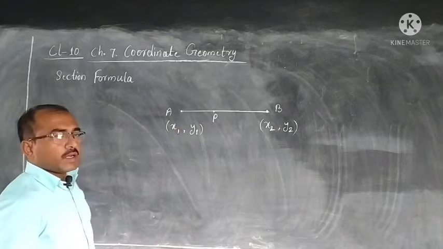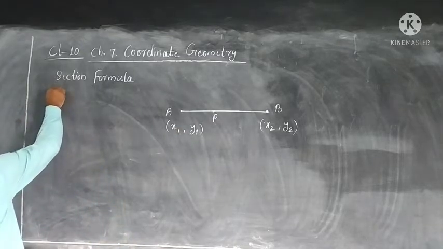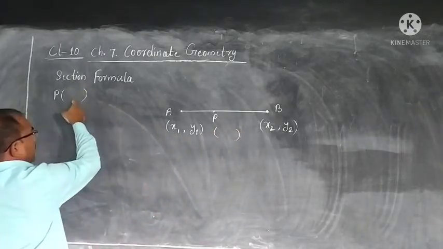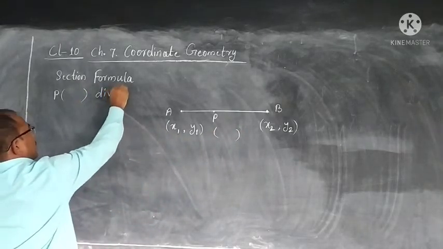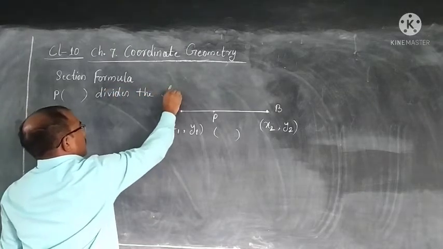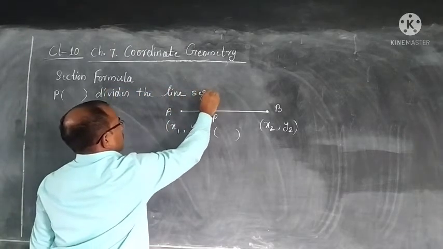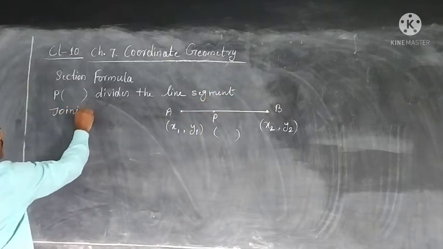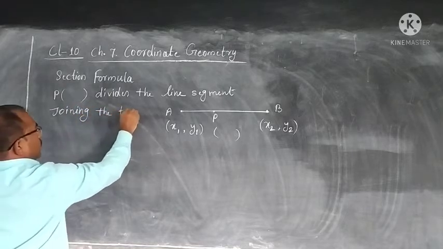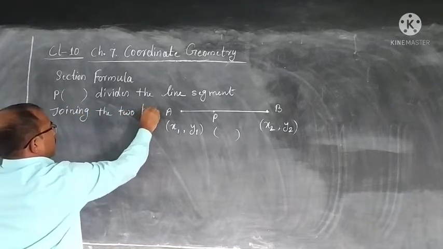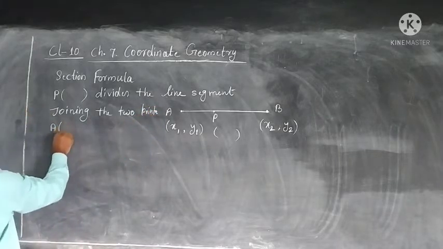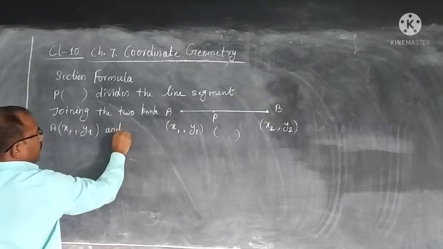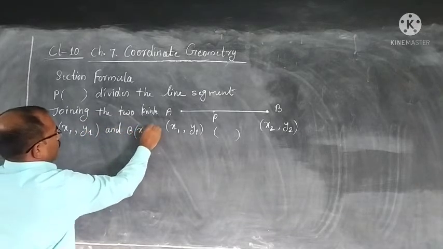So, now what the situation comes? A point P, it will have its own coordinate. P divides the line segment joining the 2 points A x1 y1 and B x2 y2.